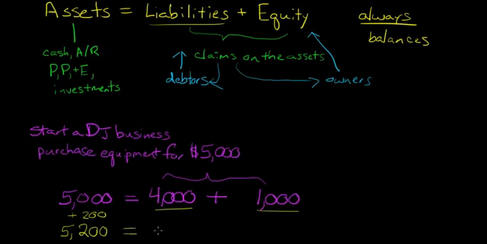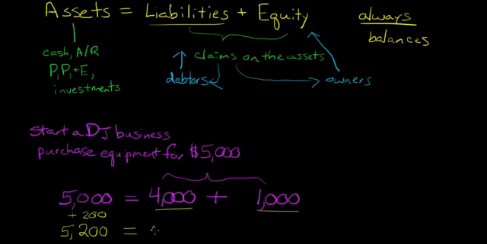But that has to equal the right-hand side. If the left-hand side goes up by 200, then the right-hand side must go up by 200. So we ask, how was that increase in assets financed? Did we borrow the $200? No. The owner put it in from his or her own personal savings.